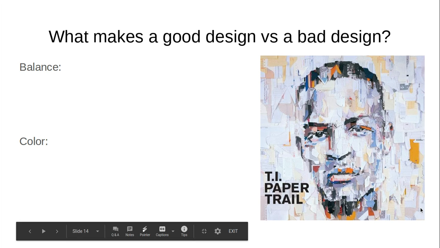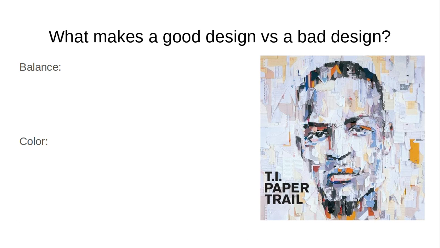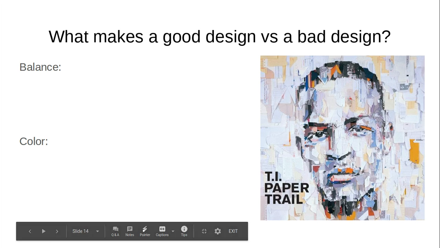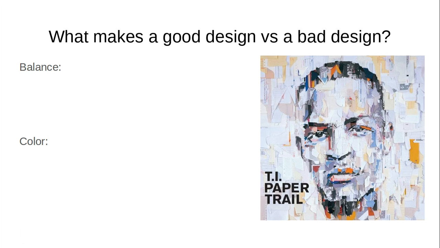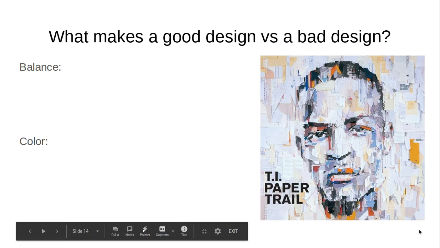If you look at his face, you have the darker colors to make a contrast, right? You have the dark blues, the bright blues, the yellows, and the grays and blacks in his hair, as well as some of these pinks in his face to really make this portrait pop. So the balance and the color in this album in particular are pretty important.